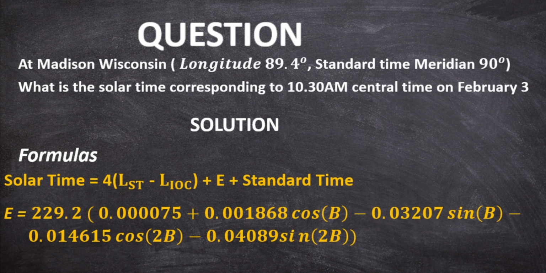And B can be calculated as (n minus 1) multiplied by 360 over 365.